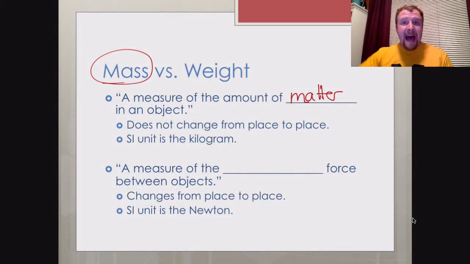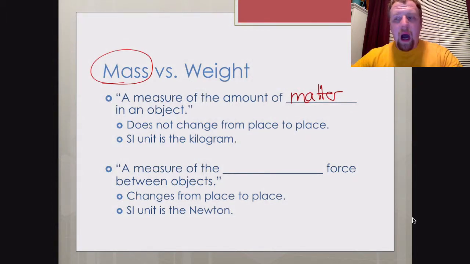That does not change. You could be on Jupiter, Neptune, Pluto, Mercury, Venus, Mars, or in a spaceship. The stuff you're made out of is not going to change. You're going to have all the same number of atoms and molecules in you, and you're still going to be made of approximately 6 elements on the periodic table. You're not going to change in matter.